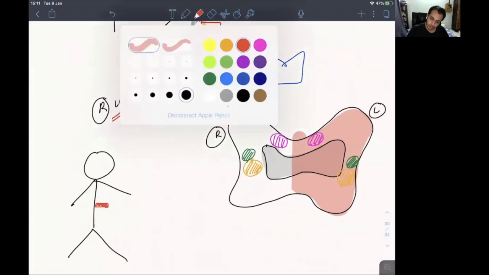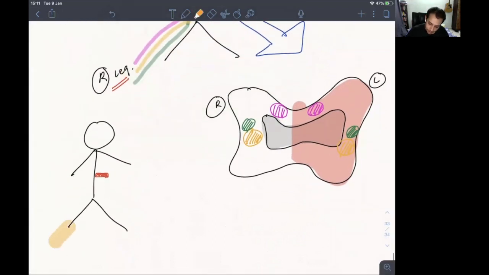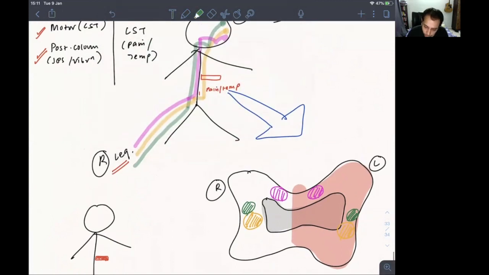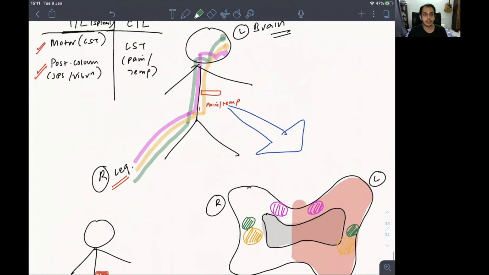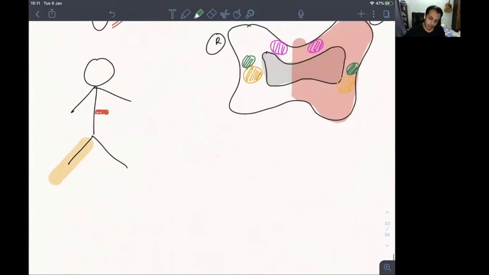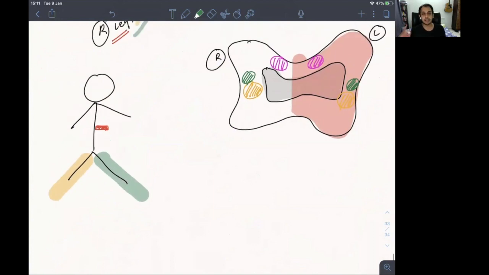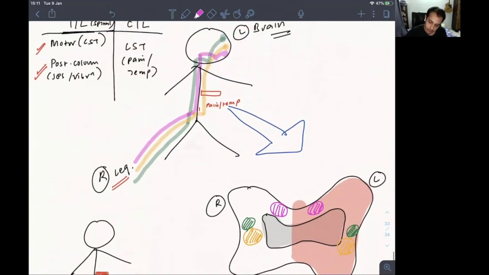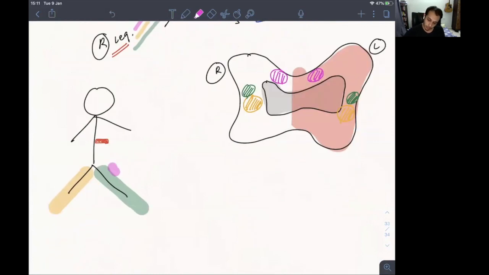So then you have your pain and temperature loss on the right side. What about your motor one? So your motor tract will not cross over. So now a motor lesion will be on the same side. So if there is a left-sided lesion, there will be a left lower limb motor problem. And your posterior column, so your joint position and vibration also will not cross over. So you have a posterior column lesion also on the same side.